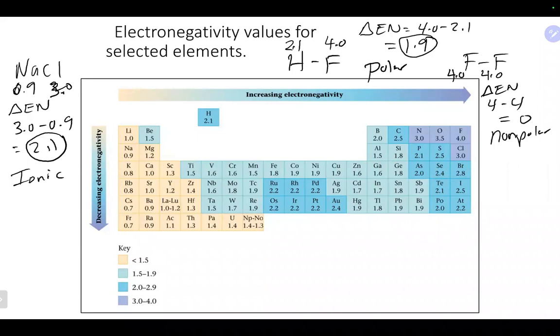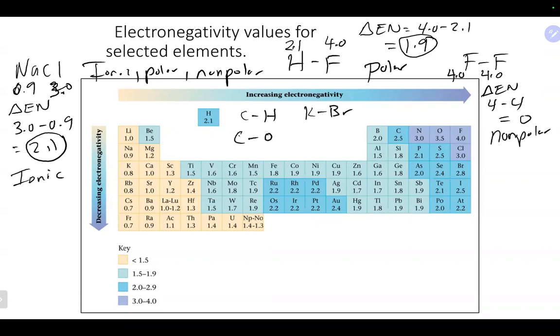Why don't you try some here? Decide, is it ionic? Is it polar? Or is it non-polar? These bonds here, let's do carbon and hydrogen. Let's do potassium and bromine. Let's do carbon and oxygen bond.